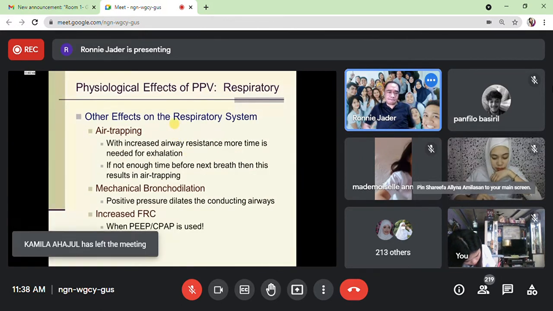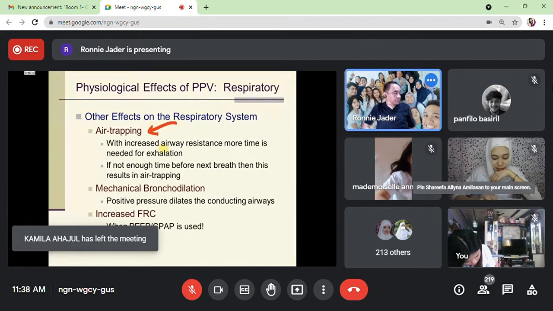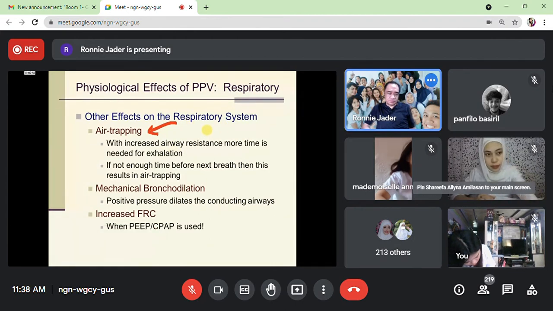Well, if we cause a lot of air to be going into the chest, sometimes with asthma patients or COPD patients, we can actually get air trapping. And this is where we haven't allowed enough time for exhalation. All right. So often if we increase the TE, we can limit these effects, letting more time for exhalation.